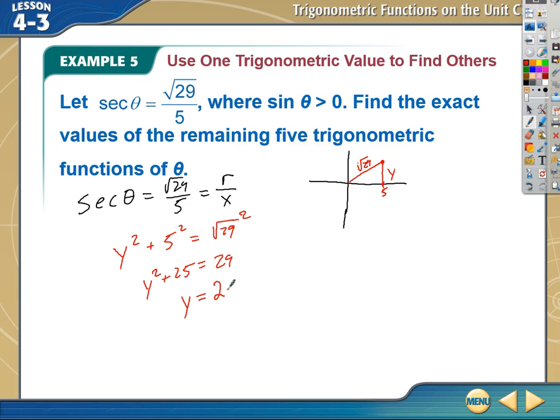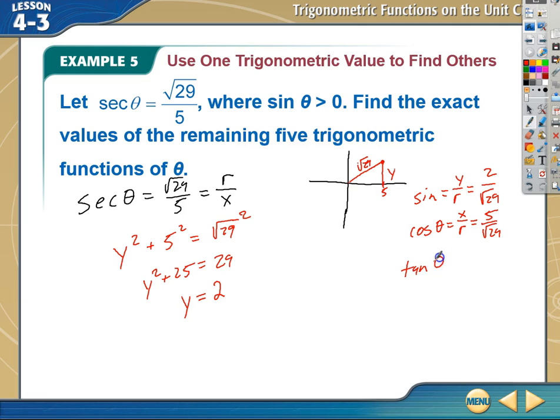Now I can go get my other ones. I can find out that sine is equal to y over r, which is then equal to 2 over square root of 29. Cosine of theta is equal to x over r, which is equal to 5 over the square root of 29.